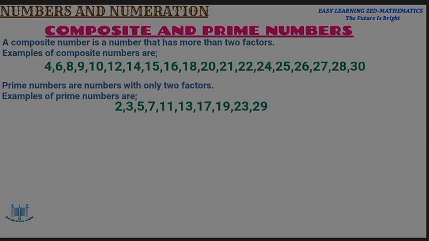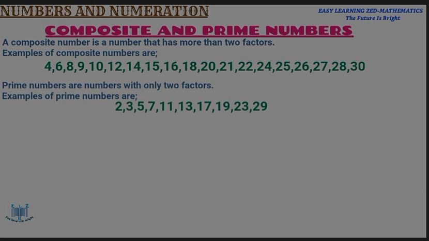And 29 is also a prime number. So these are the prime numbers between 1 and 30: 2, 3, 5, 7, 11, 13, 17, 19, 23, and 29. These are the only prime numbers between 1 and 30.